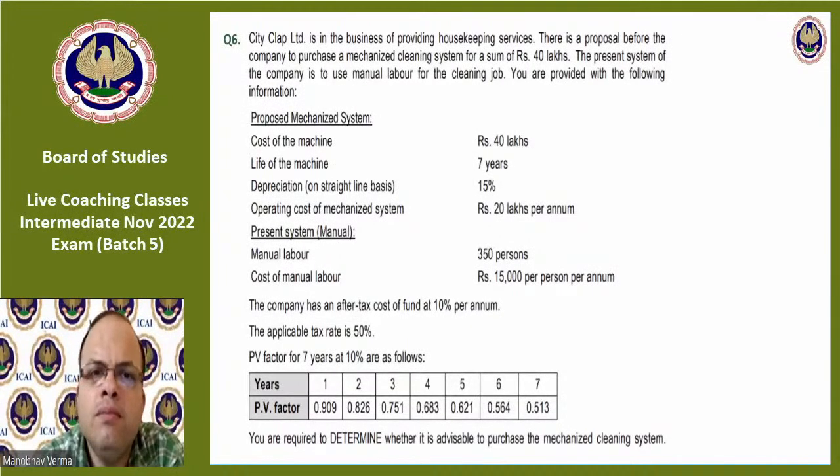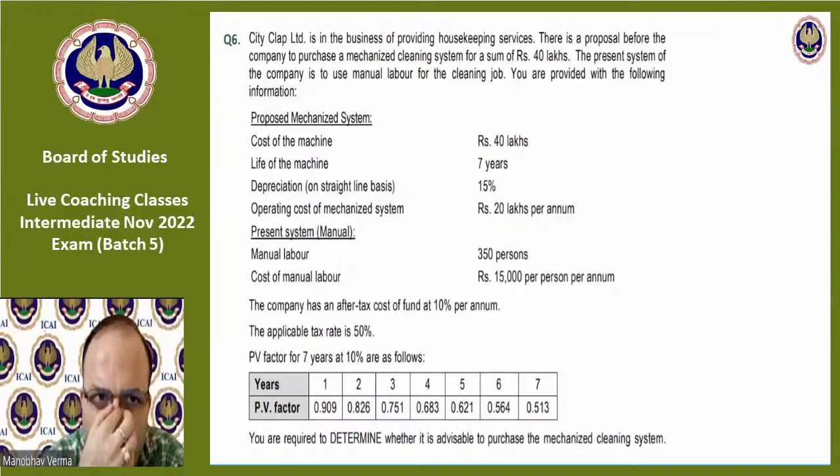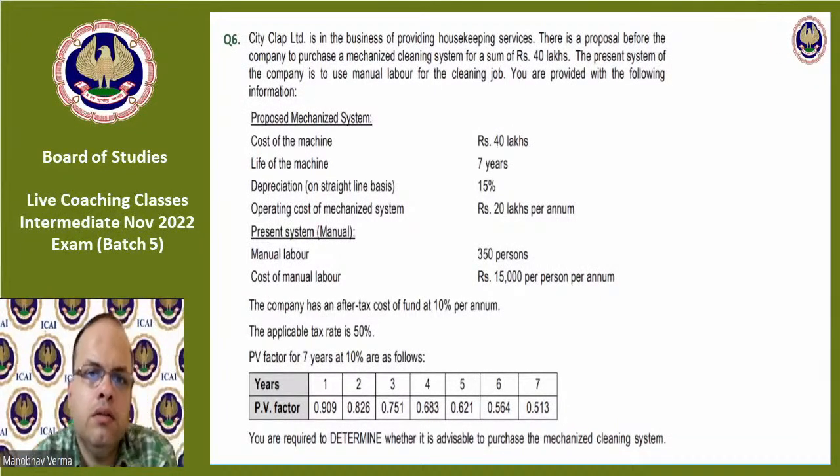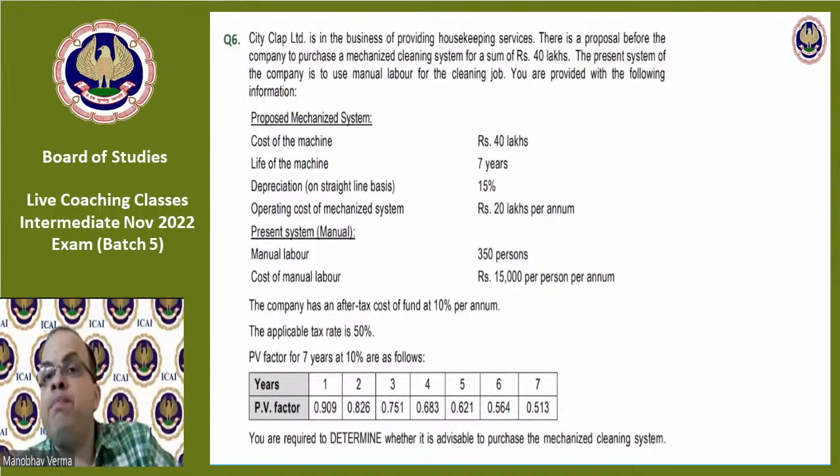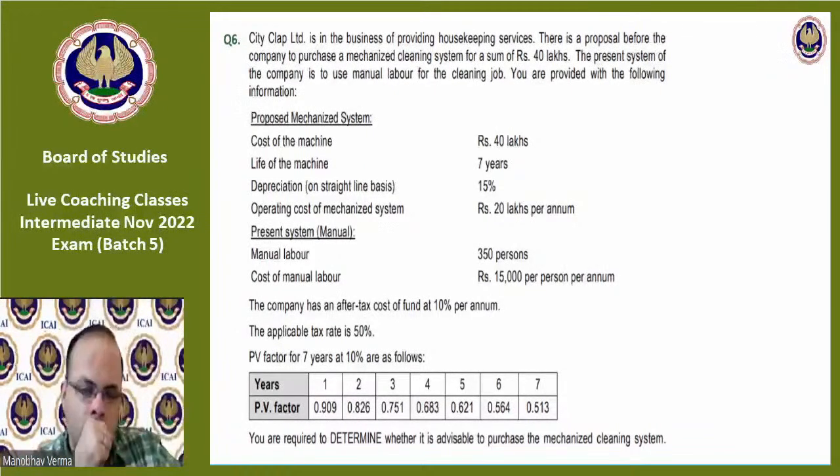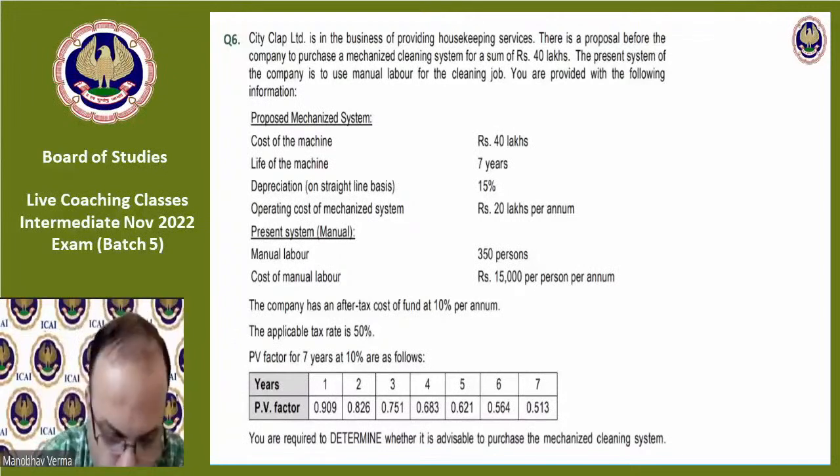Proposed mechanized system, cost of the machine 40 lakhs. That's okay, we have given that. Life is 7 years, depreciation 15%, and the operating cost is 20 lakhs. Manual labor, that is in case of the present system, 350 persons. Cost of manual labor is 15,000 per person per annum.